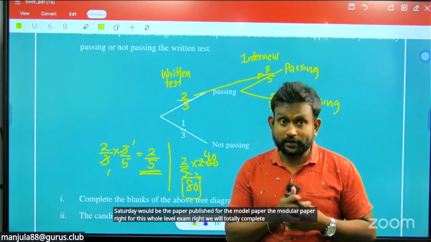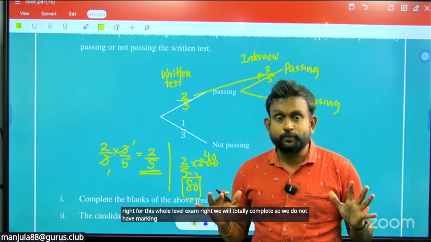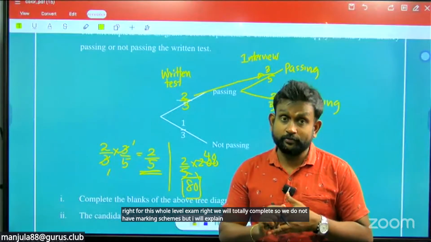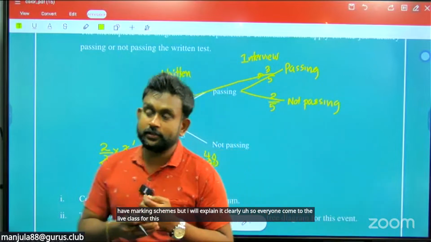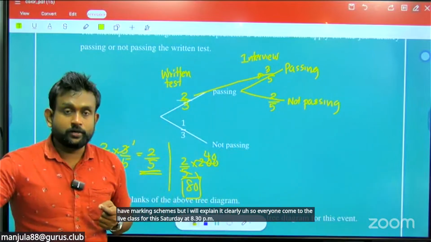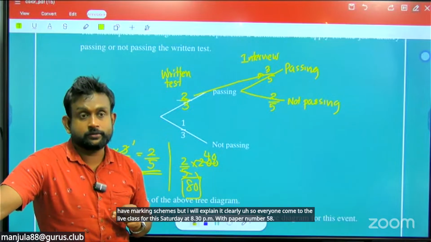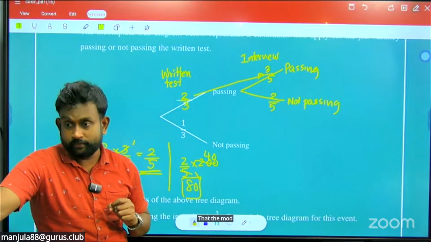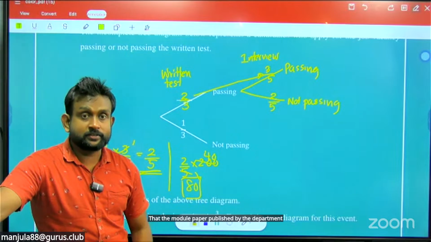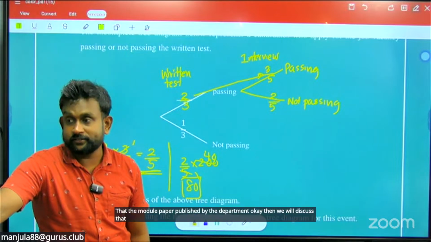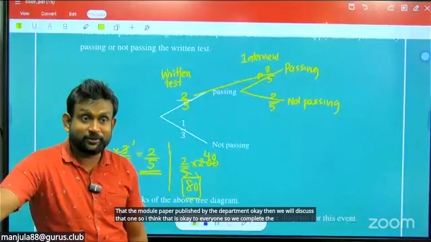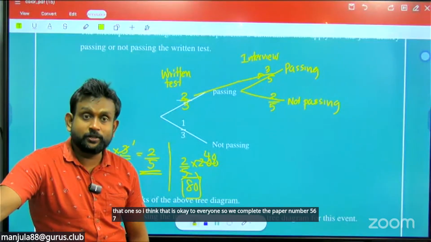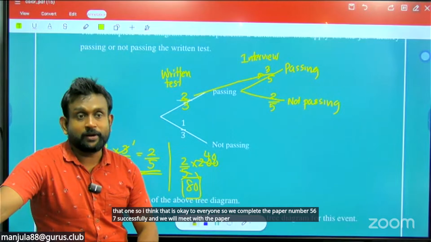We do not have marking schemes, but I will explain it clearly. So everyone come to the live class this Saturday at 8:30 p.m. with paper number 58, the model paper published by the department. Then we will discuss that one. So I think that is okay for everyone. We completed paper number 56-7 successfully, and we will meet with paper number 58 this Saturday.